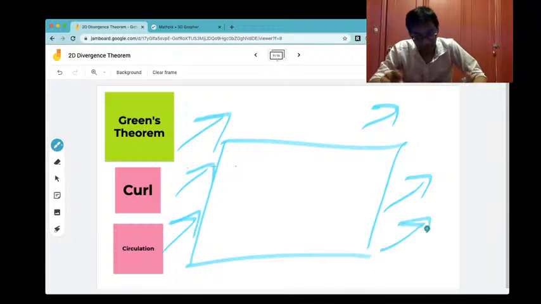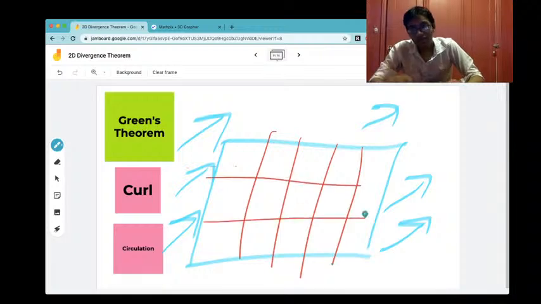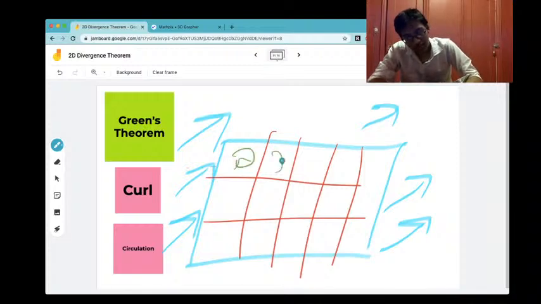Now what's going to be happening is quite simply that I'm going to slice and dice my figure into very small regions, right? And each of these regions is going to be associated with some kind of a curl. So for example, this region might be going counterclockwise. This might be going clockwise. This might be going counterclockwise, right?